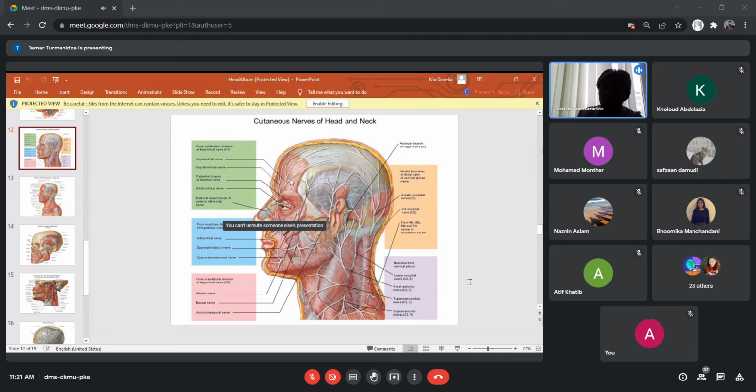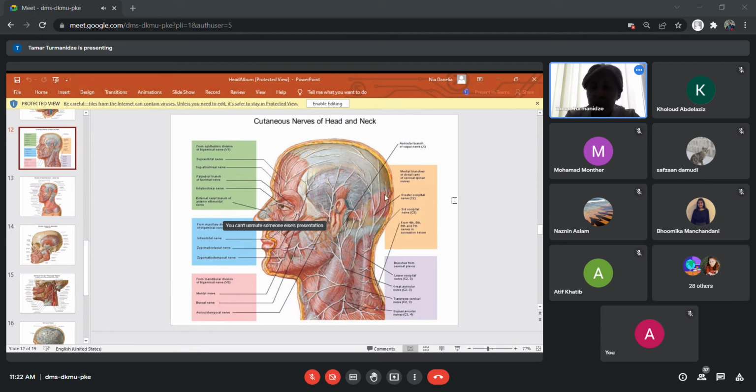So during surgery, it is impossible to separate these three layers from each other. These three layers are dissected together because the fibrous septa connect the skin and the muscular layer.